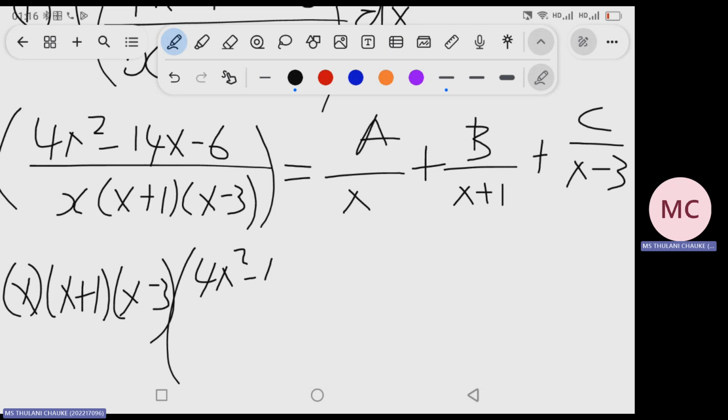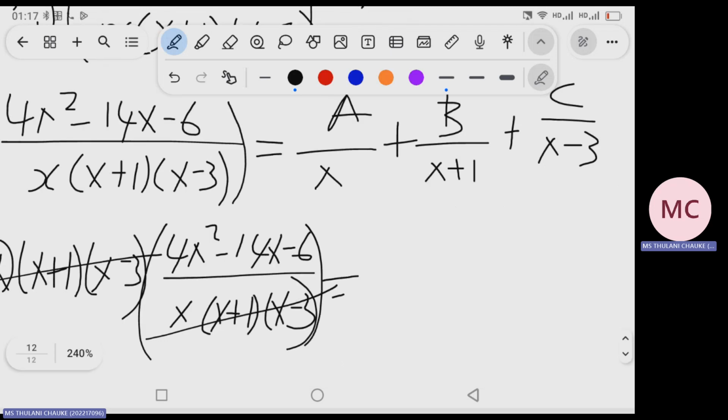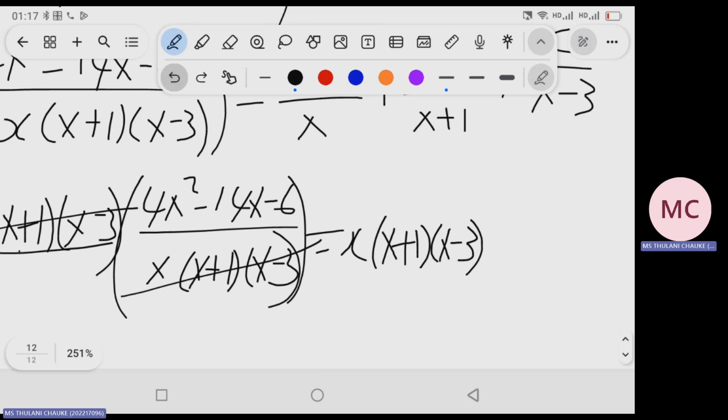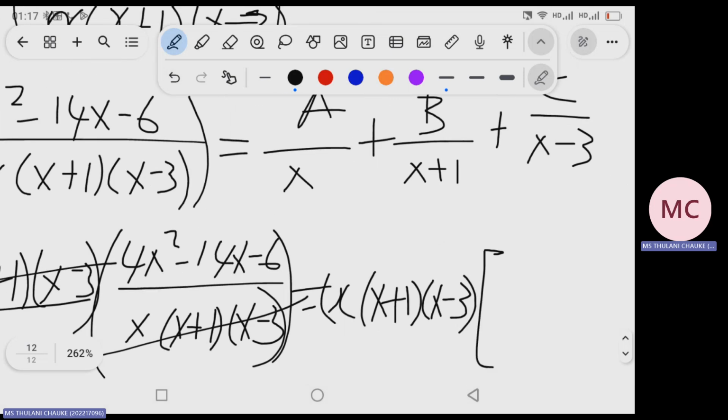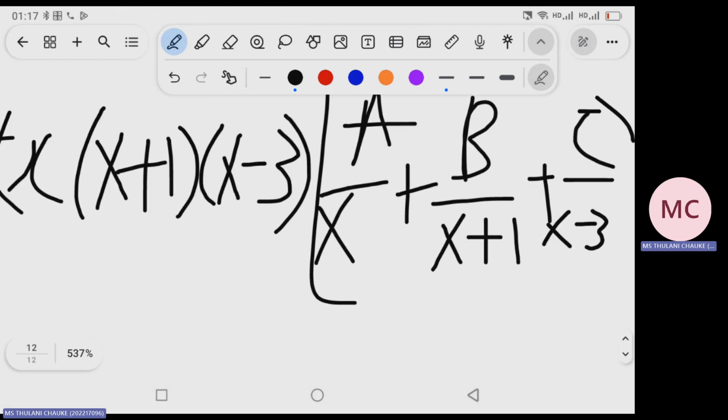Then these guys, they will cancel out. Then if you multiply by the very same, you multiply on the right, x minus 3. You multiply everything on the right, which is just a over x plus b over x plus 1 plus c over x minus 3, right?